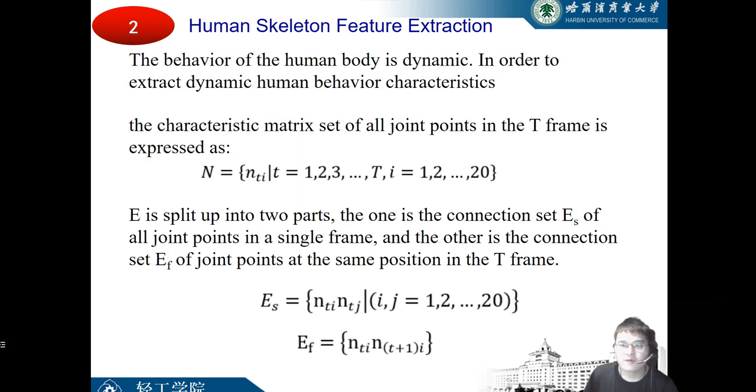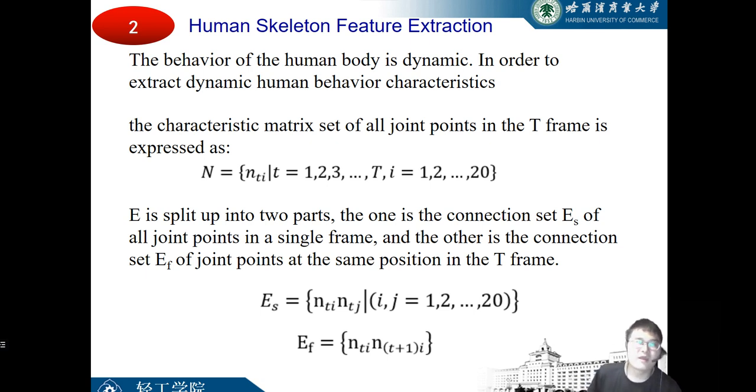For example, input a spacetime imaging as G. If the female number of a certain value is T, the characteristic matrix of each joint point in the T female is expressed as N.